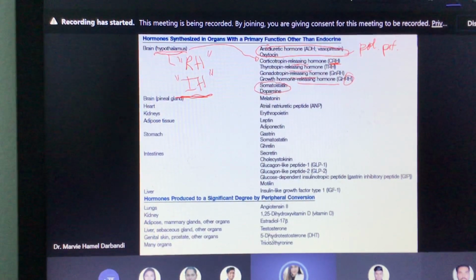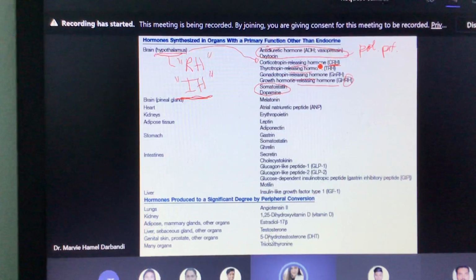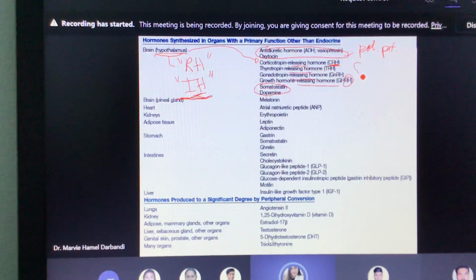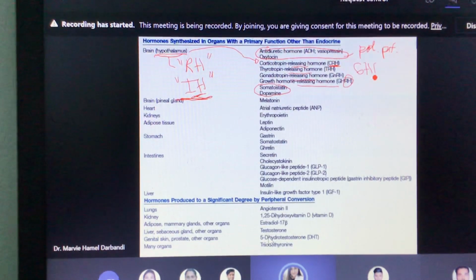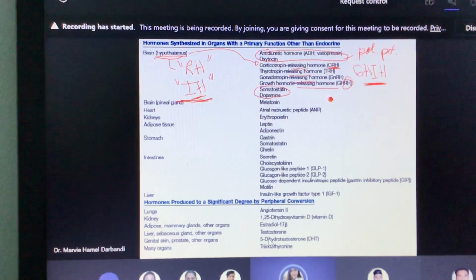So in order to memorize or just familiarize what hormone is coming from the hypothalamus, note that inhibitory hormone is not here. An example of the name of a hormone coming from the hypothalamus is growth hormone inhibitory hormone. So this is coming from the hypothalamus.